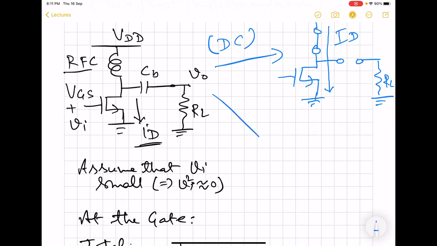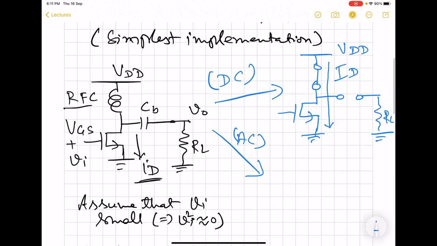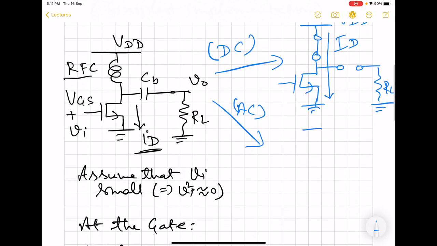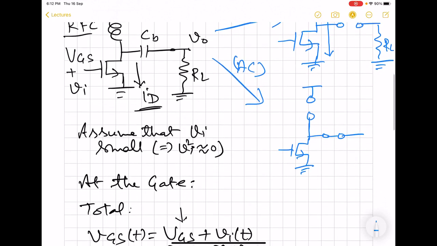And for the AC part, the scenario is going to be different. In this case, the RFC will be like an open circuit, and this blocking capacitor will be like a short circuit. So the load is now connected to the MOS, or in fact the drain of the MOS.